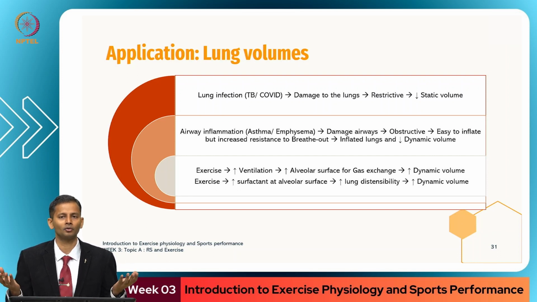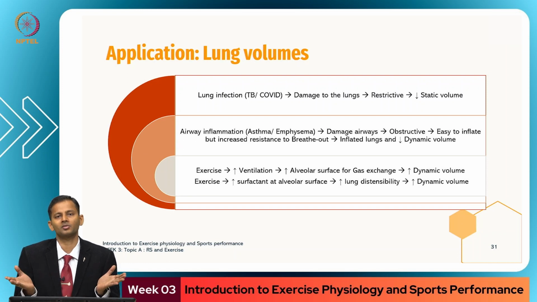So the dynamic volume parameters increase because of increased alveolar surface available, as well as the alveoli also have certain surfactants which are helpful in better gaseous exchange, and they keep the alveoli compliant. The increase in the surface area causes an increase in the surfactant as well, and that causes an increased lung distensibility, which again helps in increased lung volume.